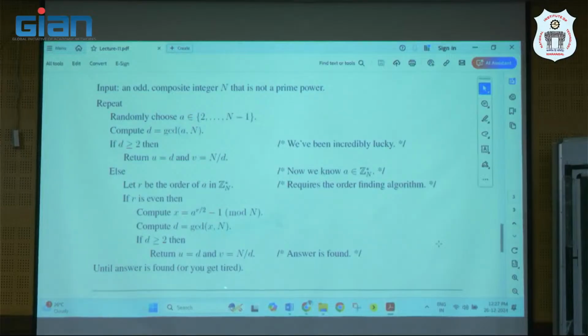And you keep repeating this. If you didn't get a factor, again randomly choose A. Repeat from there. Why should this work? The algorithm is clear.